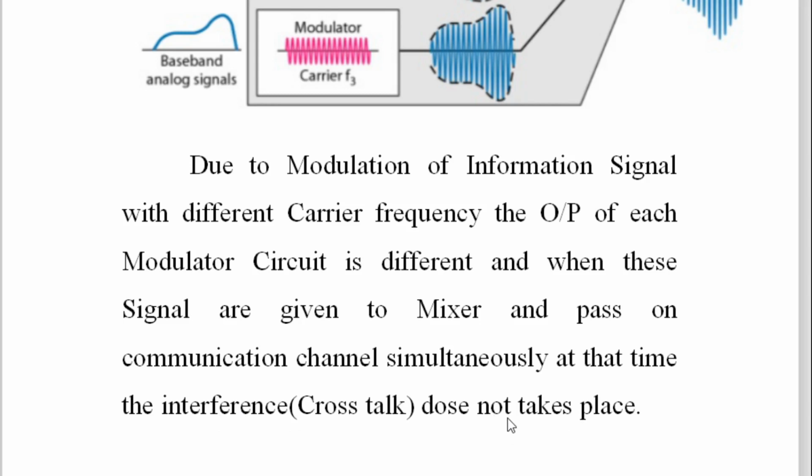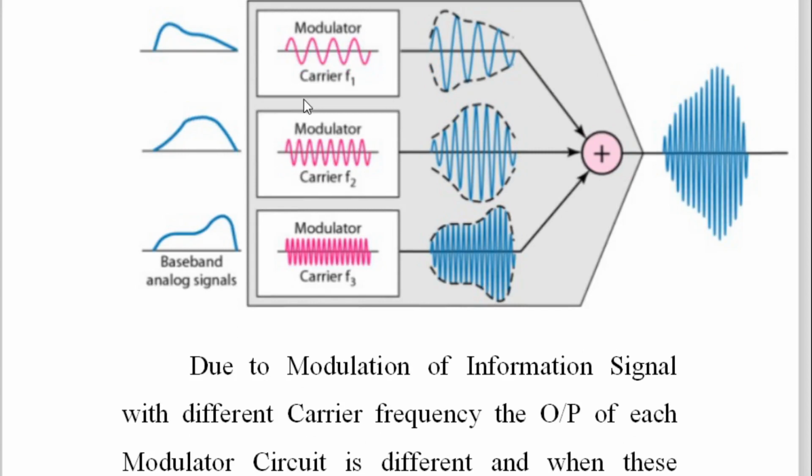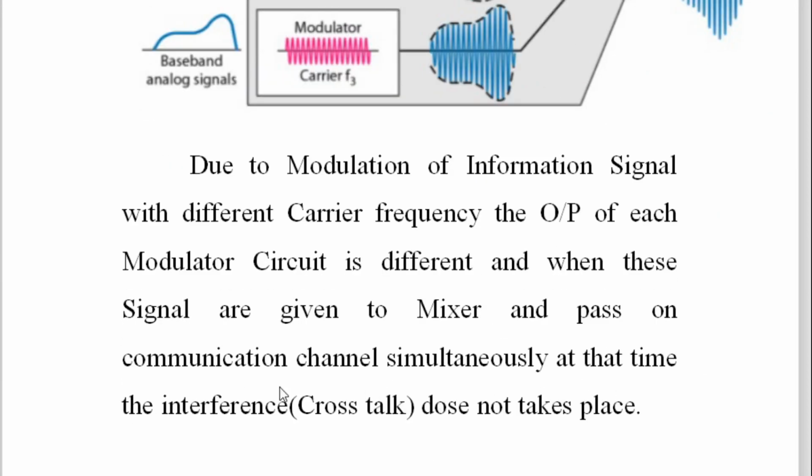Why? The credit goes to the modulator circuit. Different carrier frequencies are allotted, therefore this is happening.